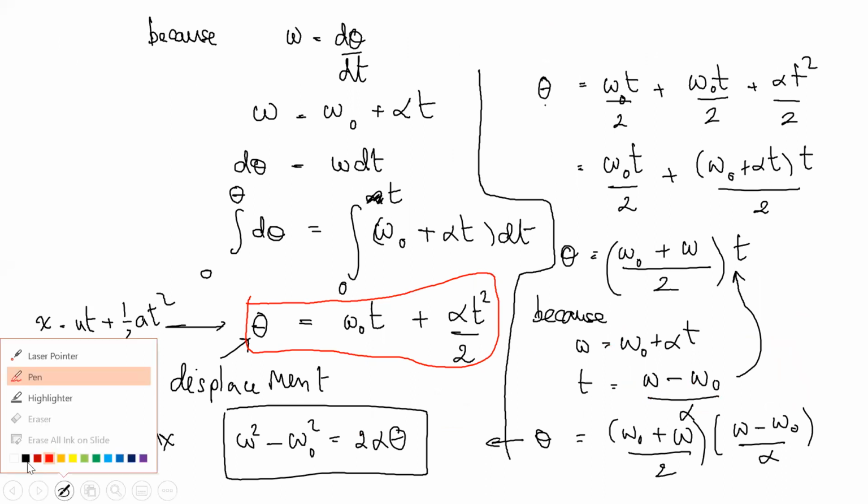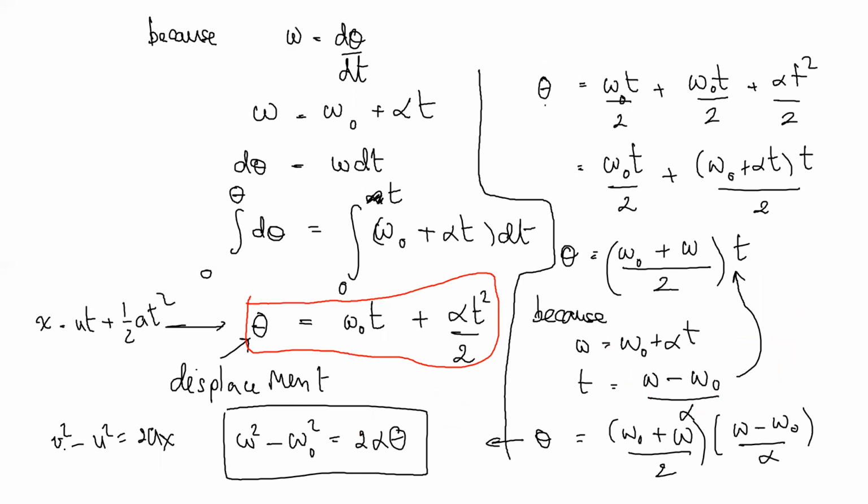So d theta by dt equals omega 0 plus alpha t.